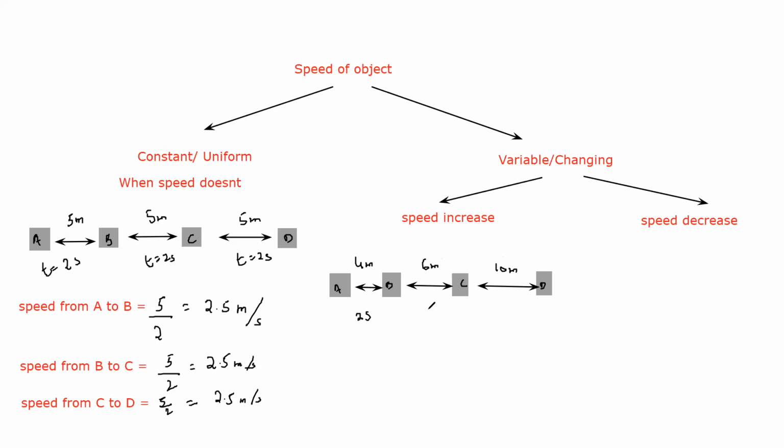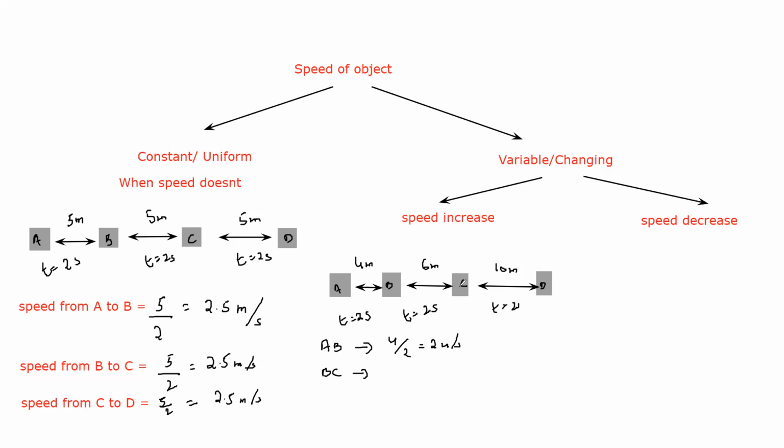Here it took 2 seconds, 2 seconds, and 2 seconds. So when we find the speed from A to B, the distance traveled is 4, divided by time 2, 4 divided by 2. So from A to B, the speed is 2 meters per second.